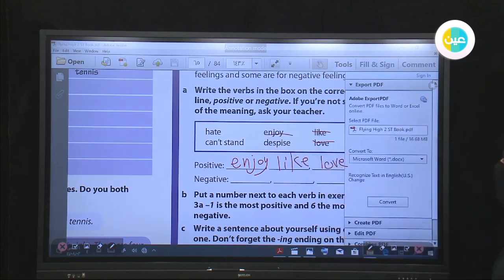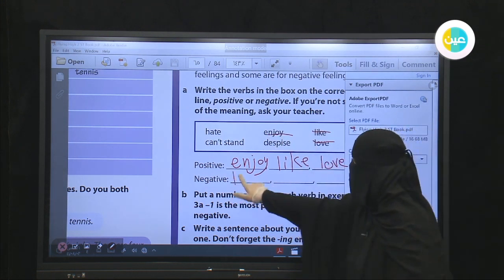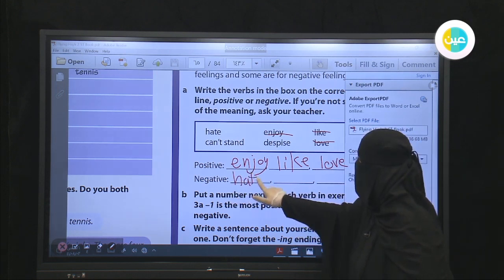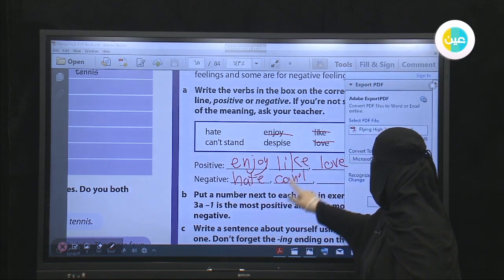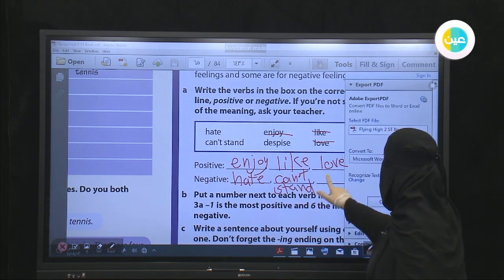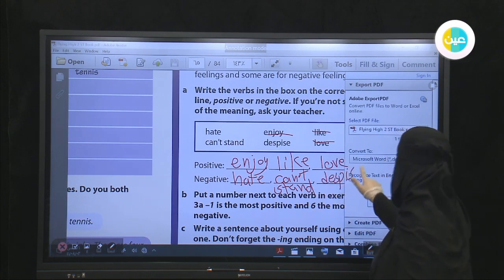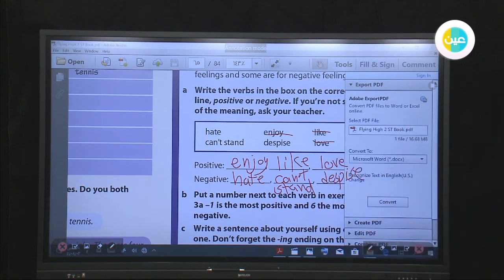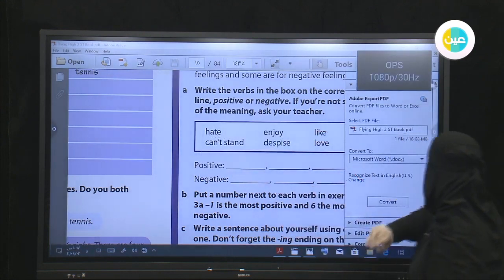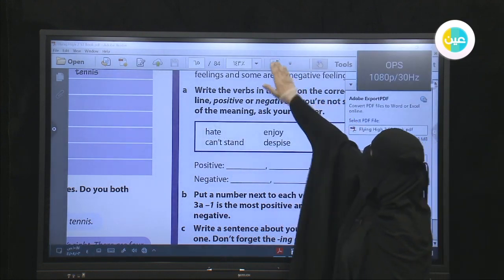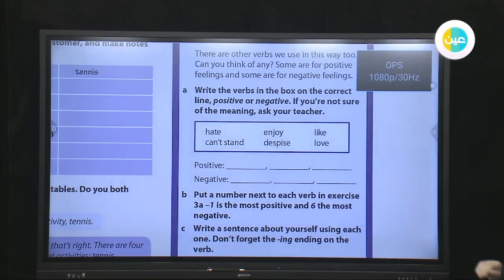The negative will be hate, can't stand, and despise. Okay, these are the negative verbs. Okay, now we have completed the lines with the negative and the positive verbs.